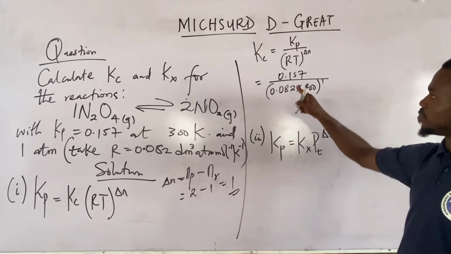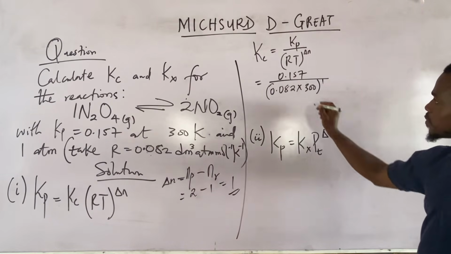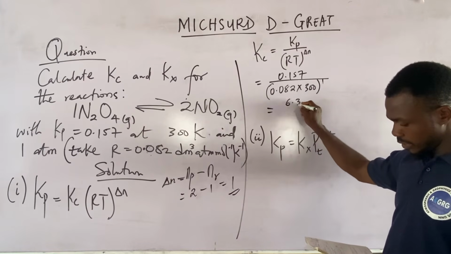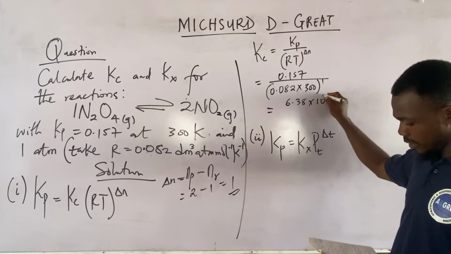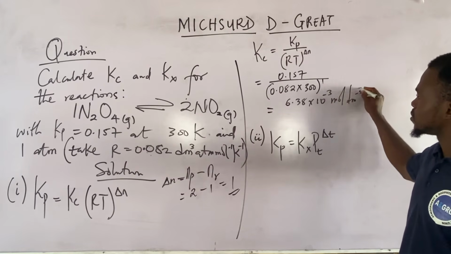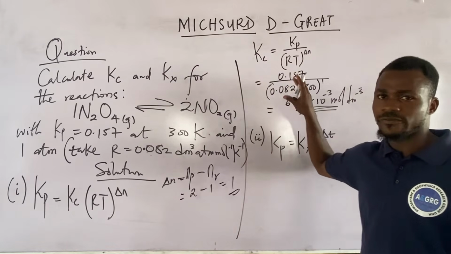So if you multiply this in your calculator, you are going to see that this will give us 6.38 times 10 raised to power minus 3 mole per dm³. So that gives us the Kc value.